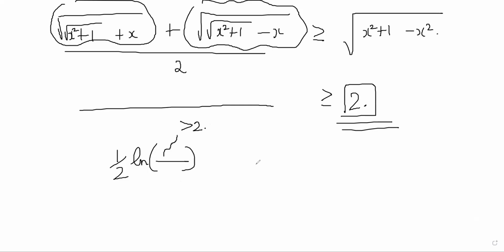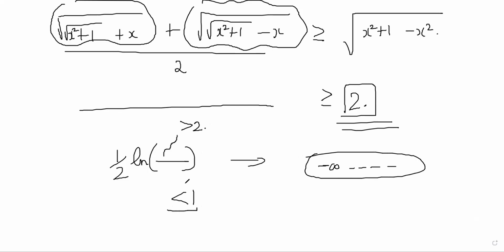Then obviously ln cannot take minus infinity and all those negative values. This had to be less than 1 to take negative values. So it is not onto and it is neither one-one. The answer will be neither one-one nor onto.